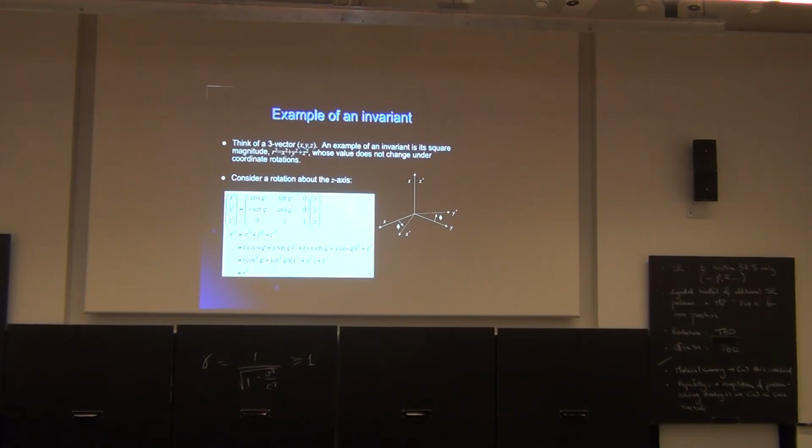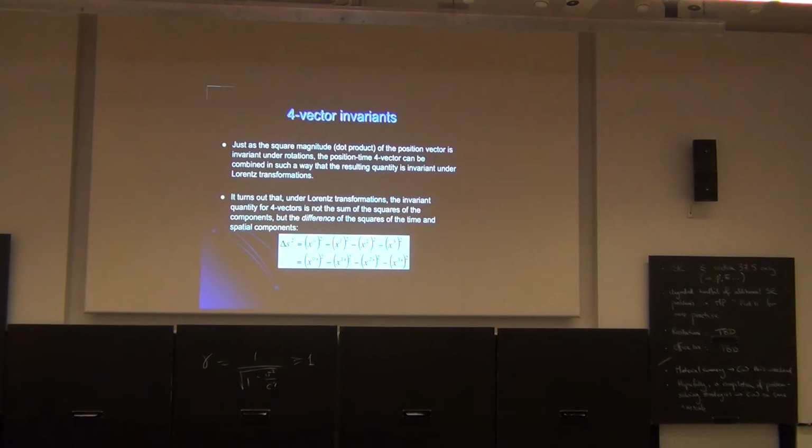So, there's one example of an invariant. Let's see what we can do with this for 4-vectors, and in particular our space-time 4-vector. It turns out that you can use these 4-vectors to create invariants which are unchanging under the boost transformations, the Lorentz transformations. The thing that turns out to be invariant under those boosts is this quantity.